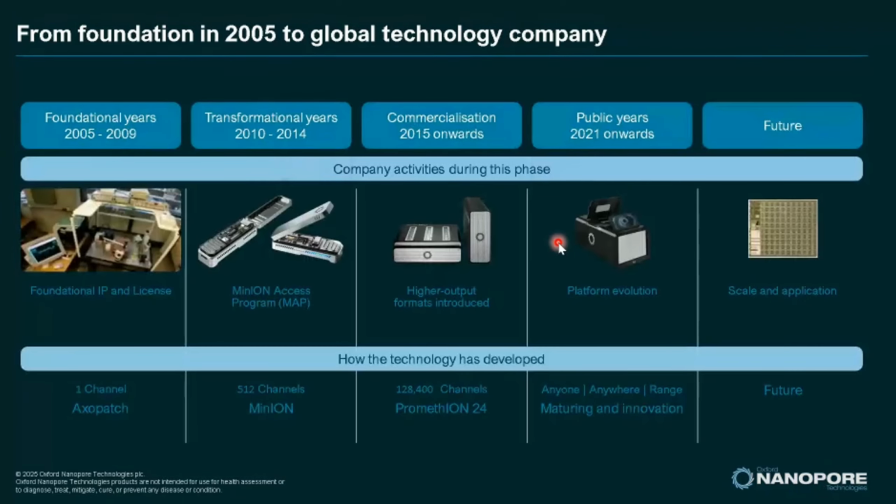Oxford Nanopore Technologies was founded in 2005. It's actually a spin-out company from Oxford University. The key technology is the use of a protein pore for sequencing. In 2014, they launched their first sequencing device, which is the one showing here.